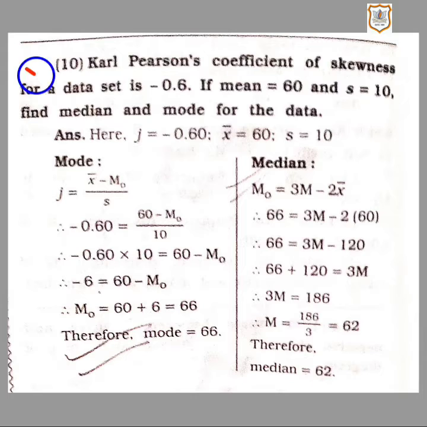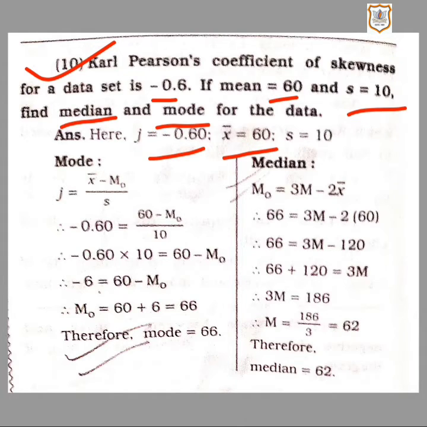Let's read sum number 10. Karl Pearson's coefficient of skewness for a data set is minus 0.6. If mean is 60 and standard deviation is 10, find median and mode for the data. So in the question, J is given minus 0.6, mean is given 60, standard deviation is given 10.